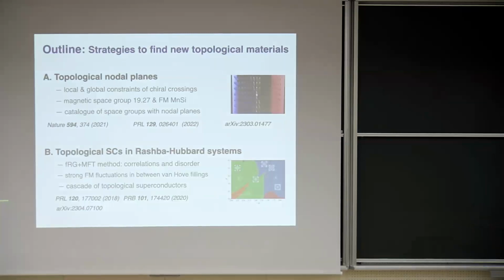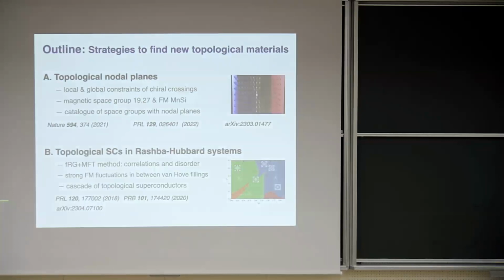The first part deals with normal state materials, so with metals which have Fermi surfaces. I want to use here the concept of global band topology and symmetry constraints to derive a strategy to find metals with Fermi surfaces that have so-called topological nodal planes that lead to interesting response functions.